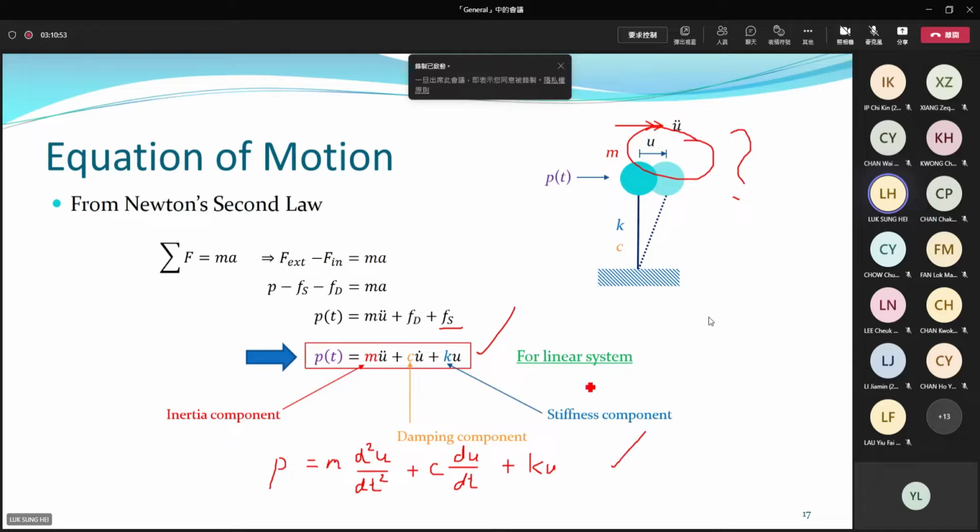I think you have learned how to solve this equation before. Second order differential equations. That's why you need to learn mathematics, right? Otherwise, you can't solve these problems.